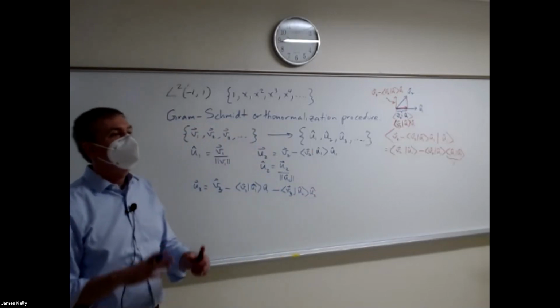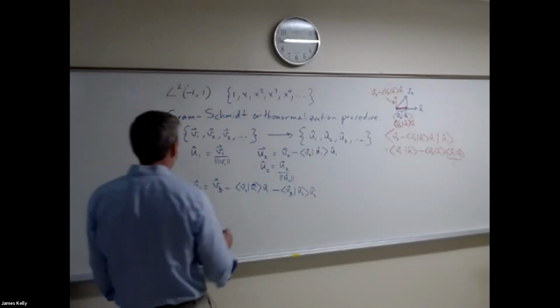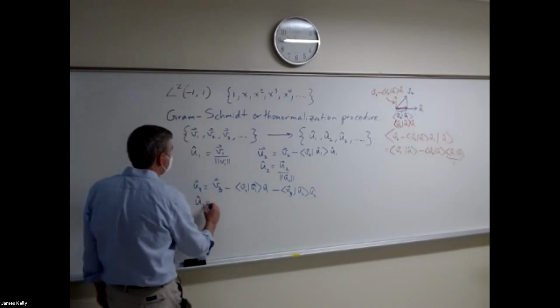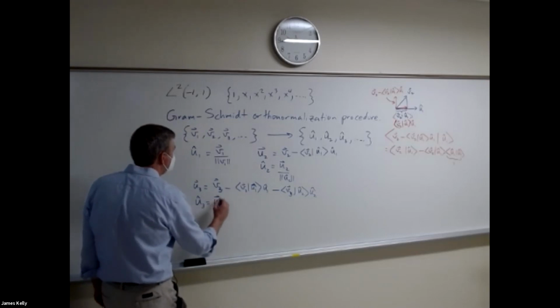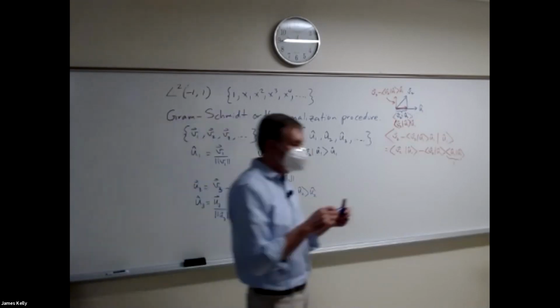We're subtracting out its projection onto all the other unit vectors that we've created so far. And then finally, we'll normalize. U3 hat is equal to the U3 vector divided by the magnitude of the U3 vector. That's called the Gram-Schmidt method.